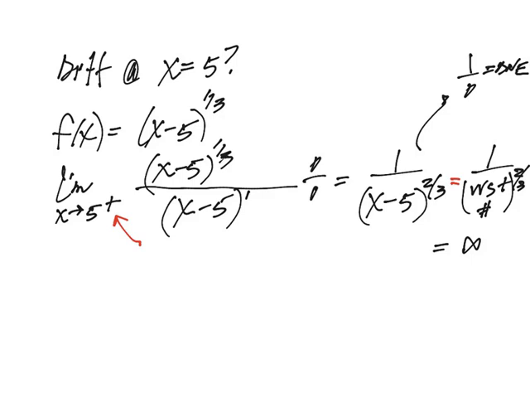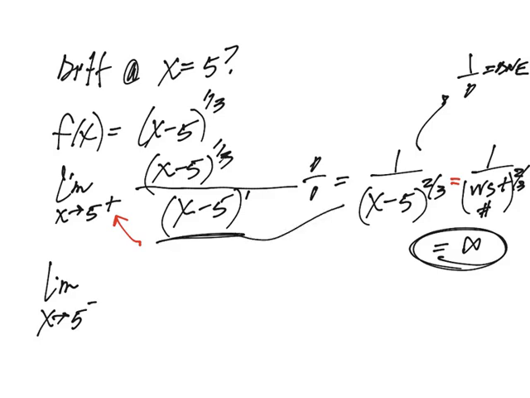So I get infinity. Now we can already tell that this two-sided limit's not going to exist because I'm getting infinity here. But I'm going to ask you on a test or quiz what this graph actually looks like, and the completion of this limit will tell us what it looks like. So now if I come in from the left, this will be exactly the same, and it will reduce to this again, which is 1 over (x minus 5) to the 2/3 power.